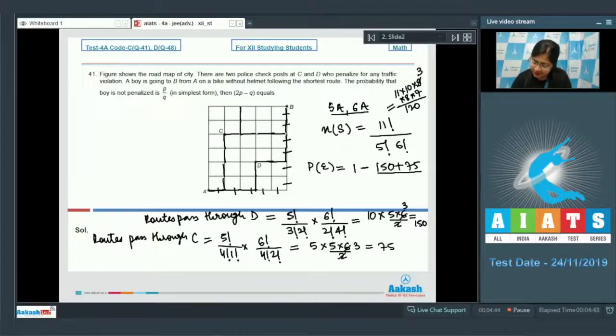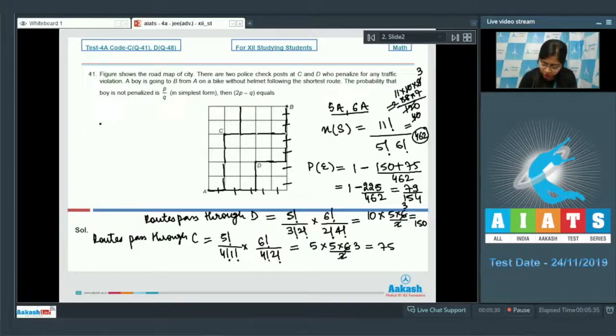So this goes by 3, 42. So this is equal to 6 into 7, that is 42 into 11, which is equal to 462. So the required probability will be 1 minus 225 divided by 462, which is equal to 79 upon 154.